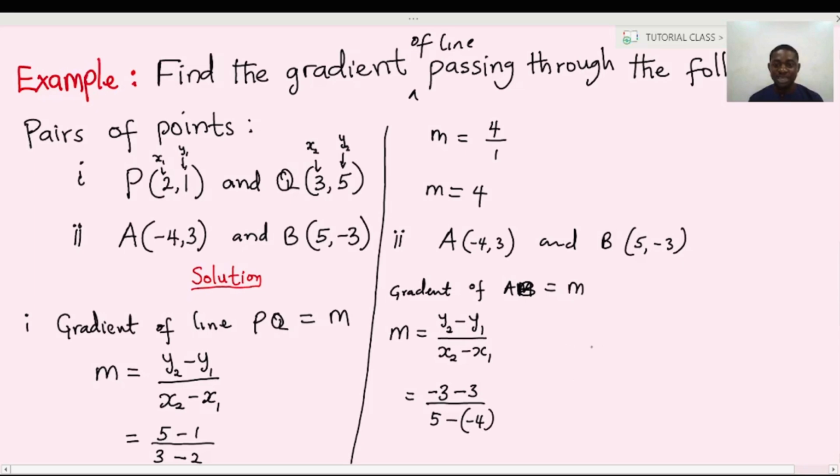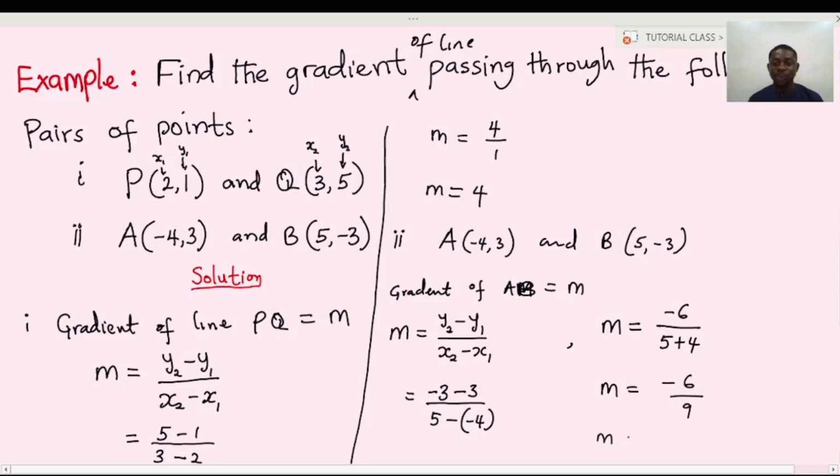Then mathematically we can say the gradient m is equals to negative 3. You are adding it to negative 3. It will give you negative 6. That's negative 6 divided by this. You are going to have 5 plus 4, because when you multiply negative and negative, it gives you positive. Hence, the gradient of this will give you negative 6 over 9.